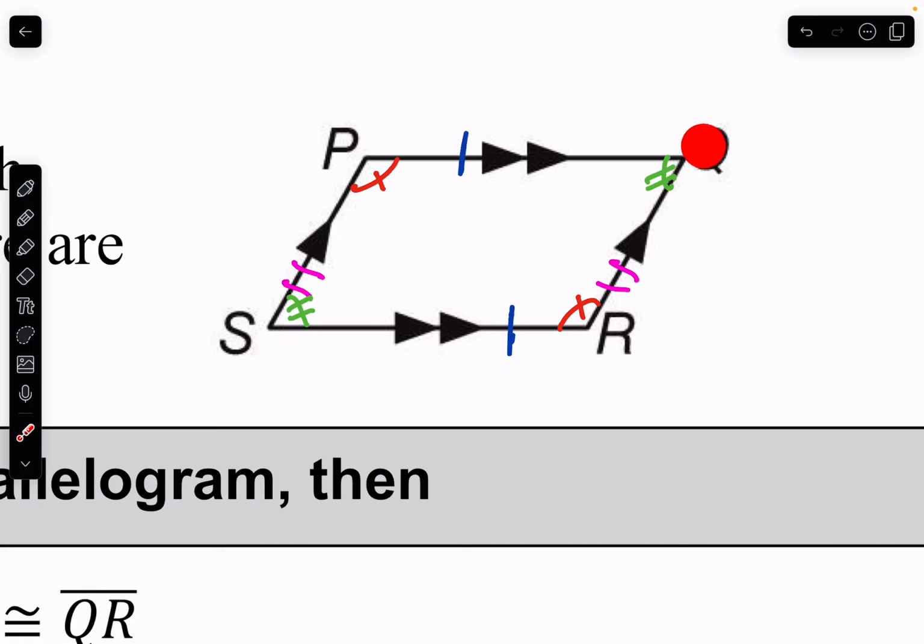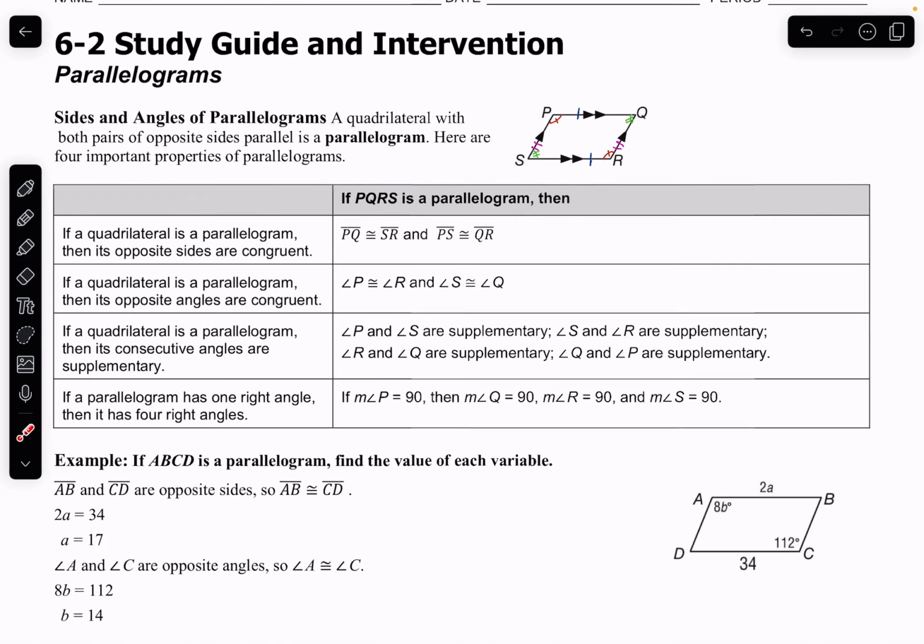With this one 90 degrees and that other 90 degrees, there is no other option but for angle P and angle R to be 90 degrees as well. So it takes only one angle to be 90 degrees, and then all 4 angles will be 90 degrees.